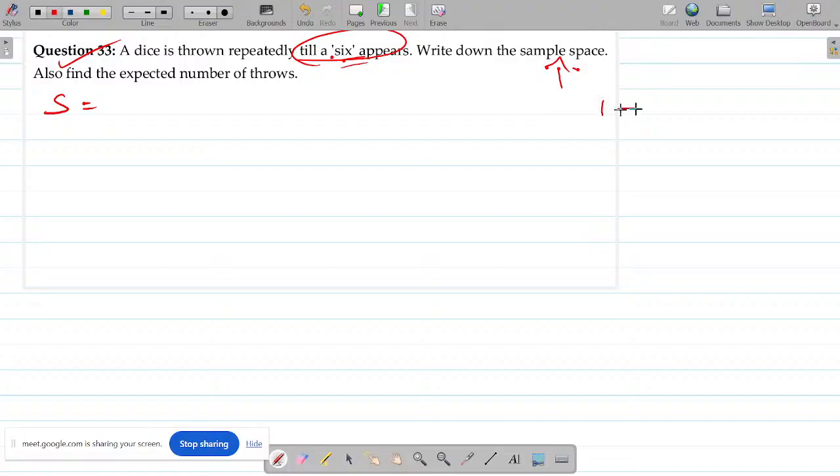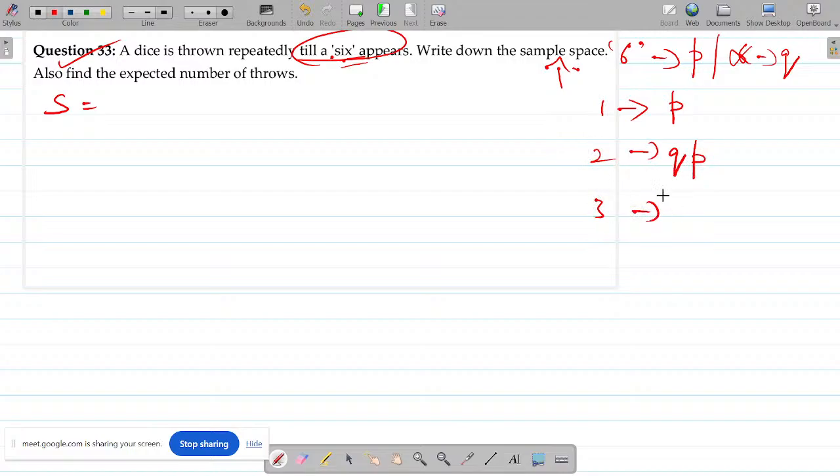So you throw for the first time, you get a 6. What do you do? You stop. Getting a 6 is associated with probability of success, P. The remaining, not getting a 6, will be the probability associated with failure, Q. So in the first row itself, if you get a success, the probability is P. In case you're not getting it in the first row, you got a failure, which means 1 or 2 or 3 or 4 or 5. Then in the second row you get success, so this is QP.